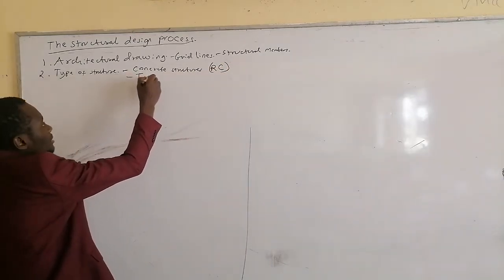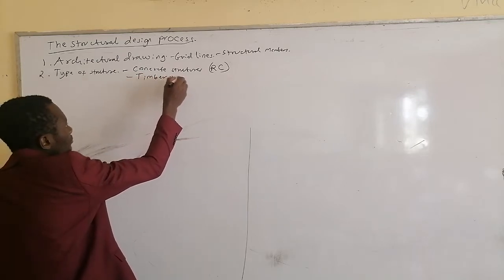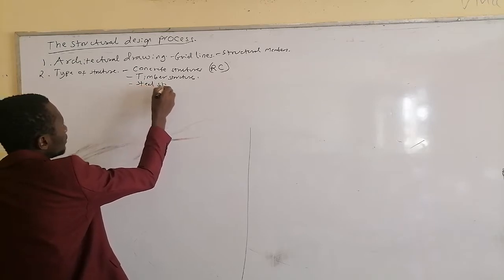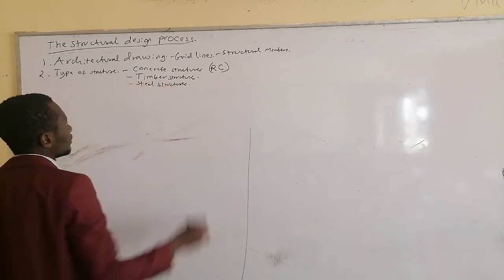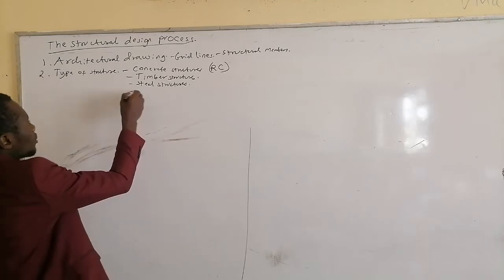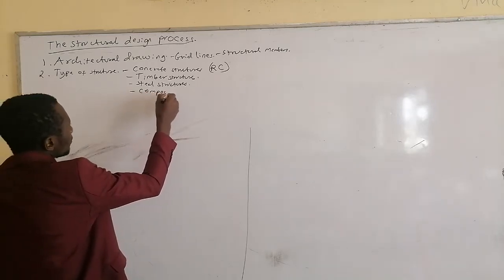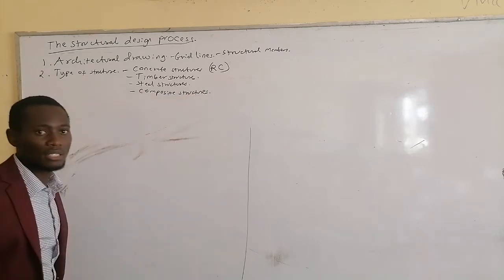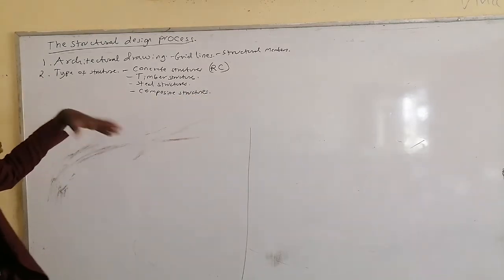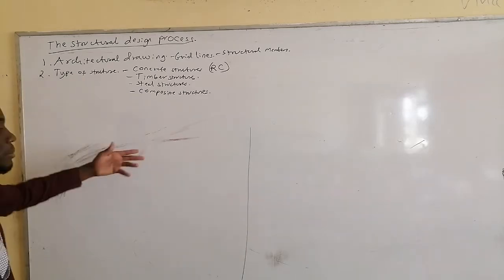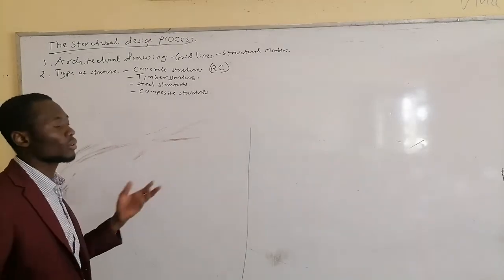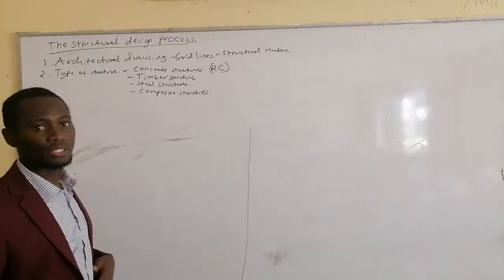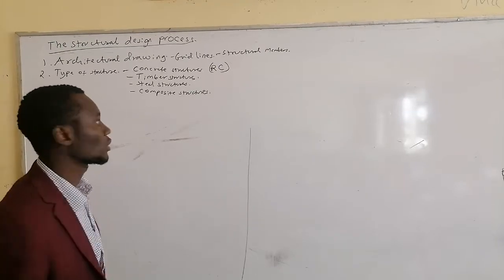We have timber structures, we have steel structures, and we could have composite structures. These could be a combination of both timber and concrete, or steel and concrete, and many components that we could mix together so that we can obtain the structural integrity of the member we're looking for.